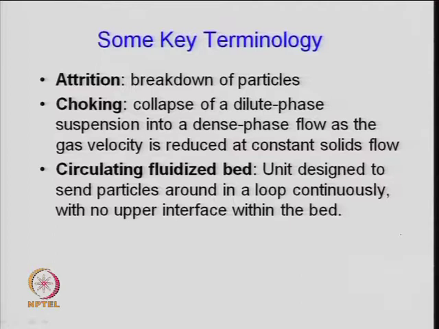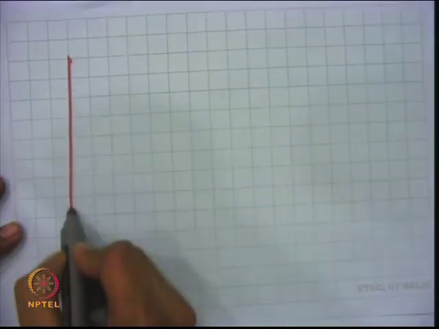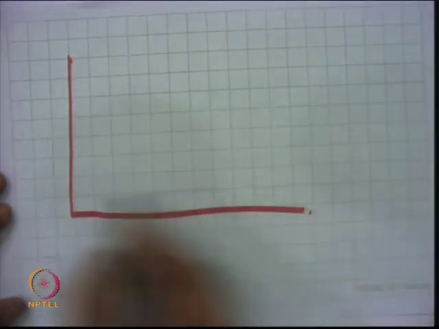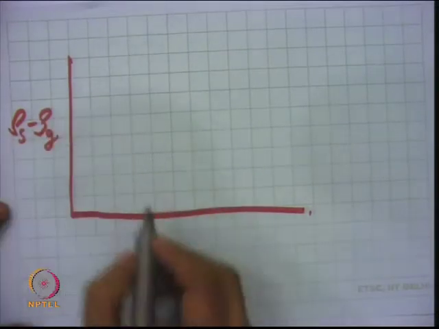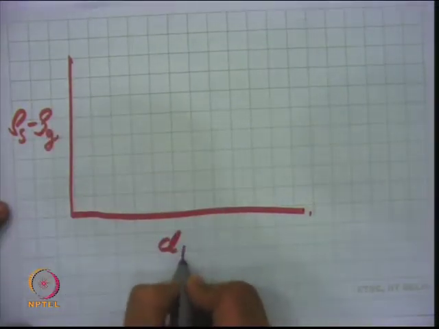There is some key terminology used to define the different characteristics of the solid, and what I was talking about is the Geldart chart, which I can briefly discuss here. We have rho s minus rho g as a function of the diameter of the particle.